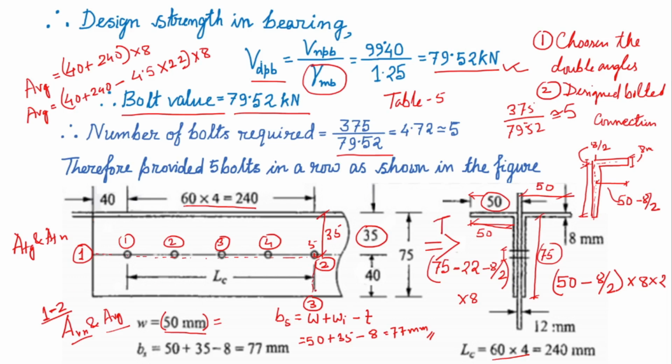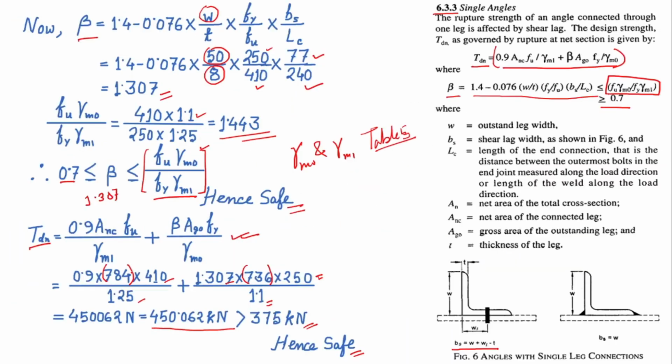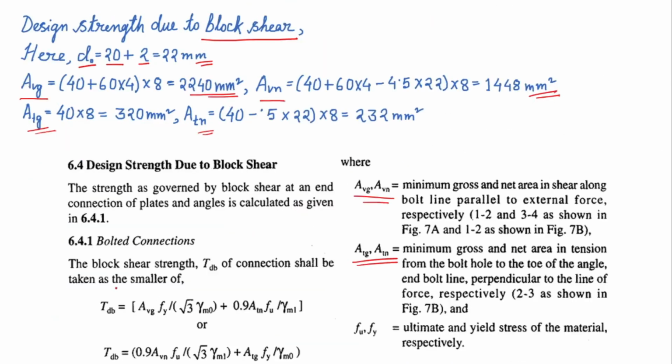Along 2, 3 the gross distance is 40 mm. So for ATG, 40 into 8, and for ATN, 40 minus half of the diameter, means for the 5th hole 0.5 into 22, then multiplied by 8. In this way we have calculated ATG and ATN.